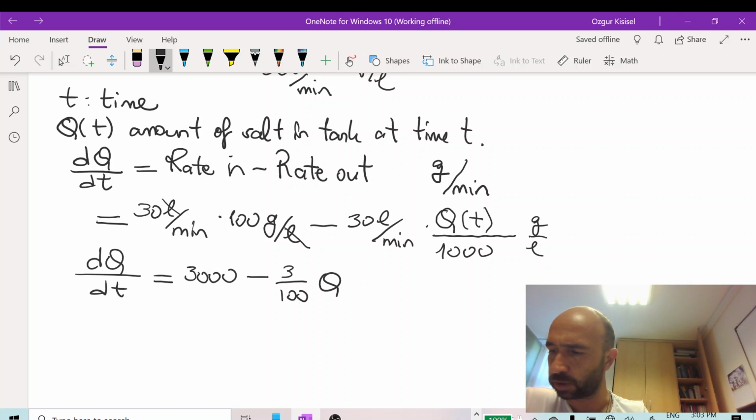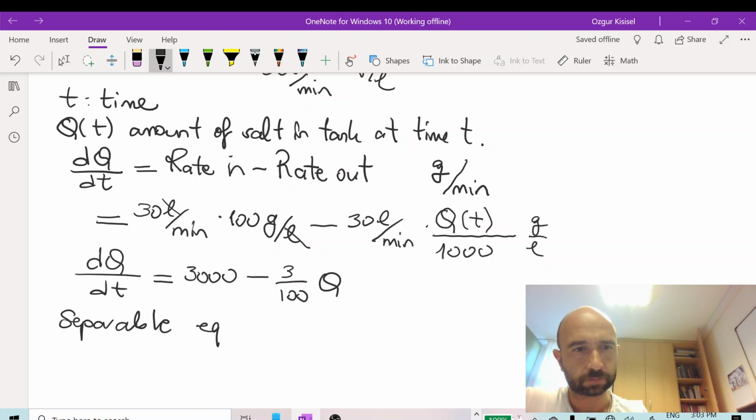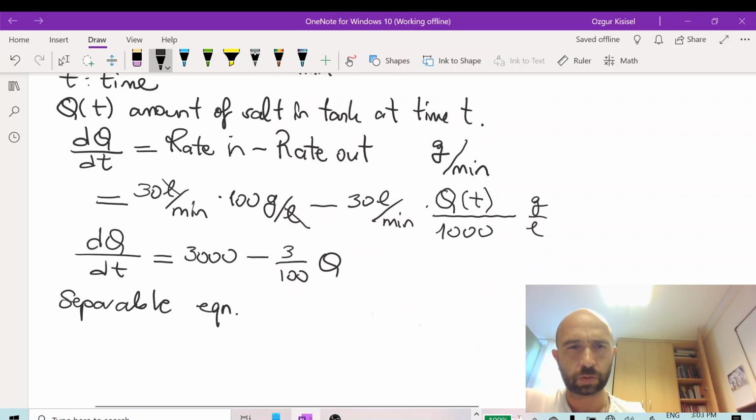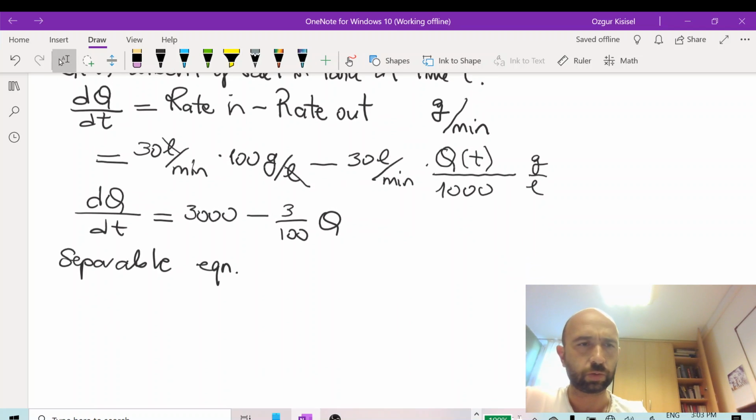Well, this is a separable equation. So you can do the usual tricks.